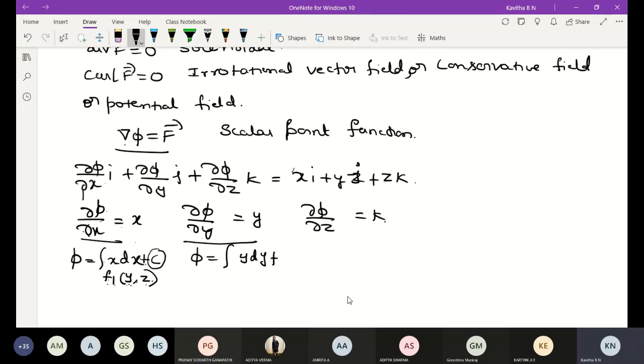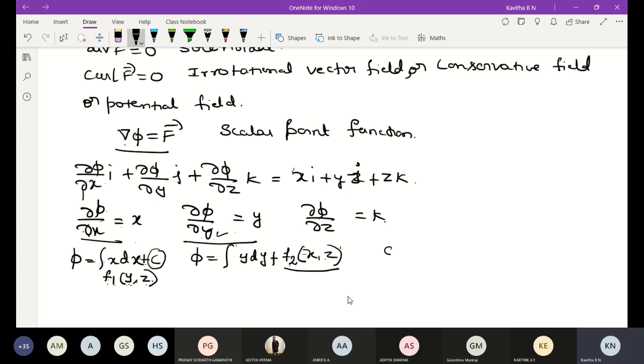Then come to del phi by del y is equal to y. Then phi is equal to integration of y dy plus, in place of c, f2. Partially differentiating with respect to y means x and z are constant terms, so in place of c we have to write f2 of x comma z.